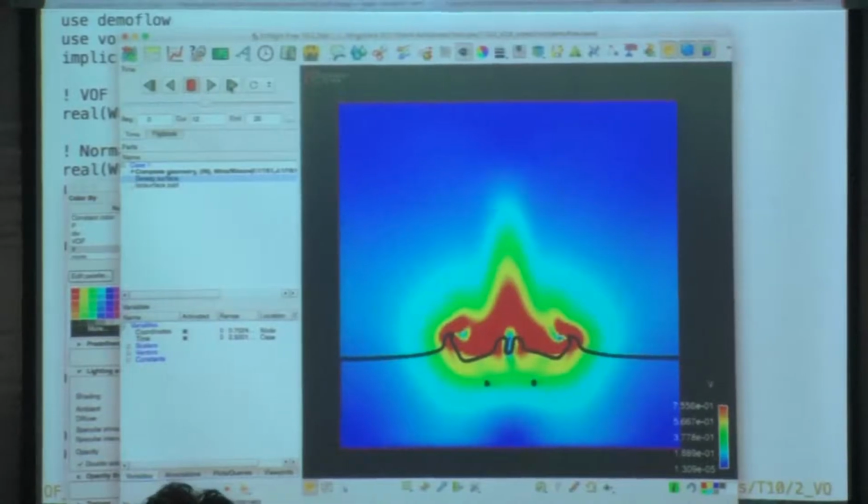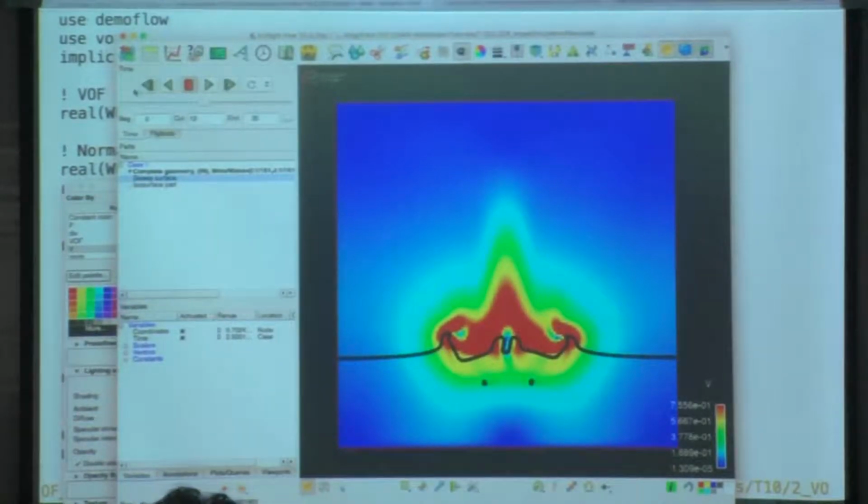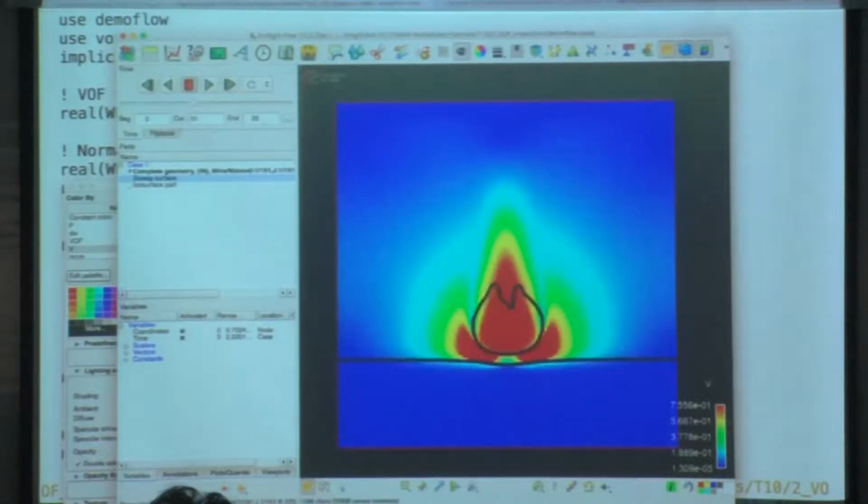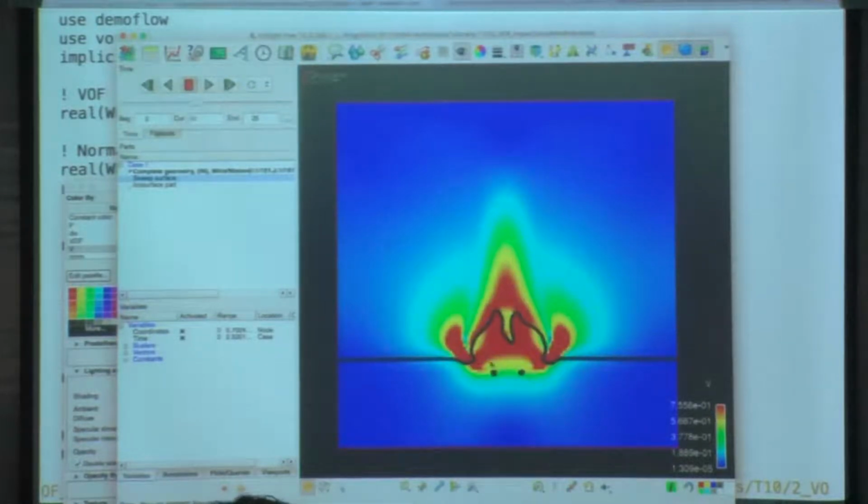Upon impact in this pool, we see that due to the way the interface collapsed, again, this becomes an unresolvable feature. Automatically, the topology changes in a way that is not particularly physical, in a way that is numerically driven, and we end up capturing two little bubbles of gas here.